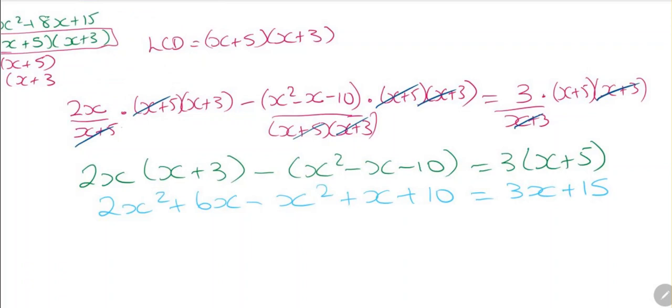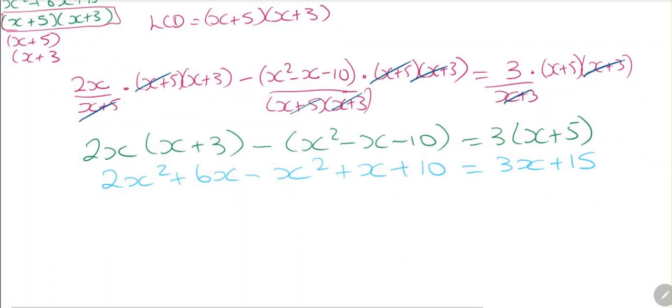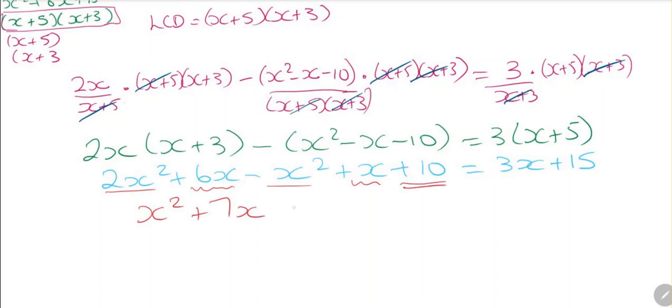And then we have 3x plus 15. So now I'm going to simplify, collect my like terms. I have a 2x squared and an x squared, so that's going to be x squared. I have a 6x and I have a 1x, so that's going to be 7x. And I have a plus 10. Now on the other side, I'm going to minus 3x and minus 15.